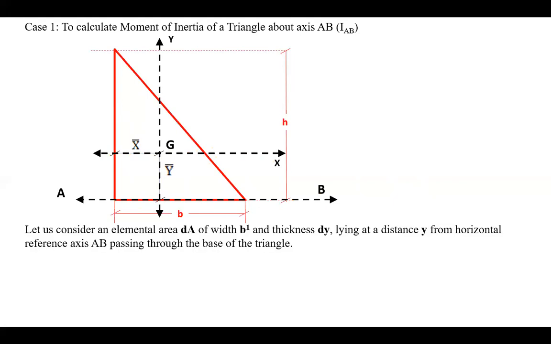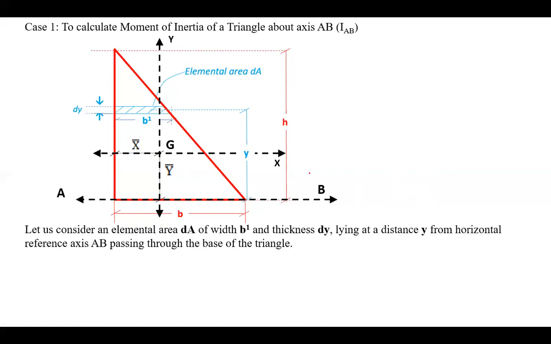So let us consider a small elemental area dA of thickness dy and width b dash, and let y be the distance from the base. Actually, I was mentioning the difficulty.